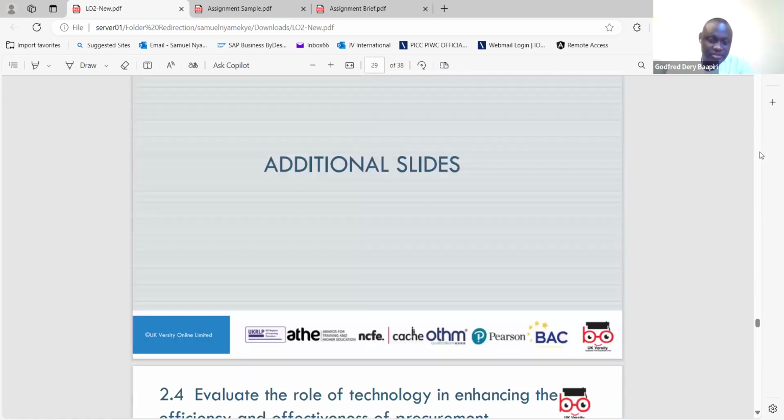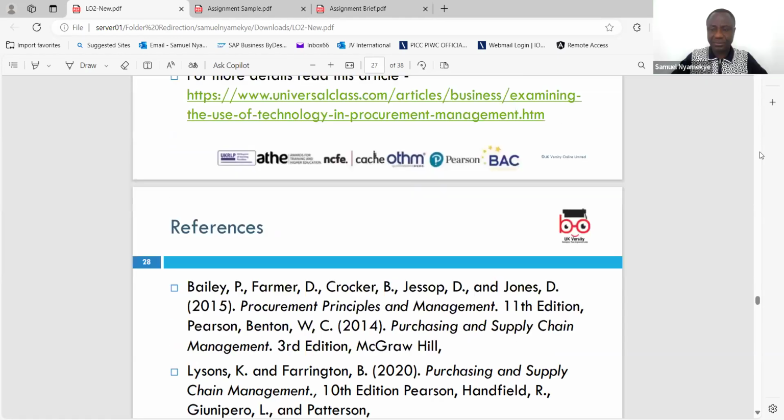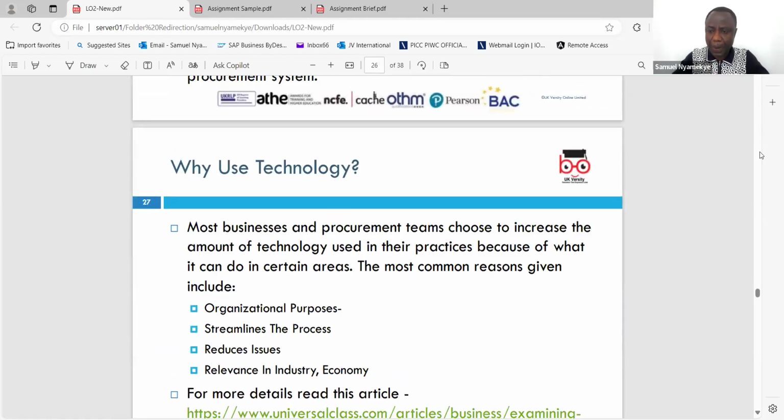Yes, I think in addition to the technology, the technology also helps to reduce costs in a way. In the sense that maybe an aspect of the work that is supposed to be done by labor, where someone has to be employed to do that, technology can take over that aspect, and the cost of labor will be reduced.